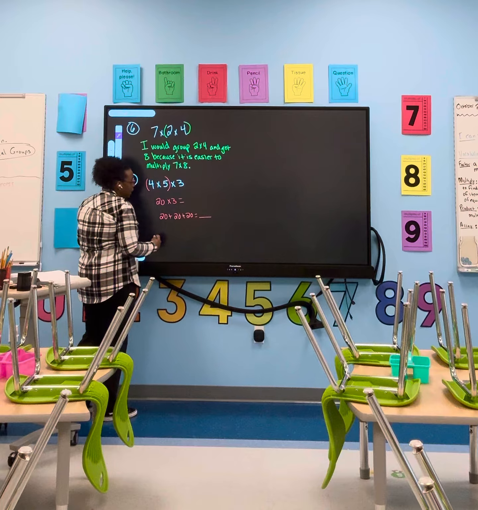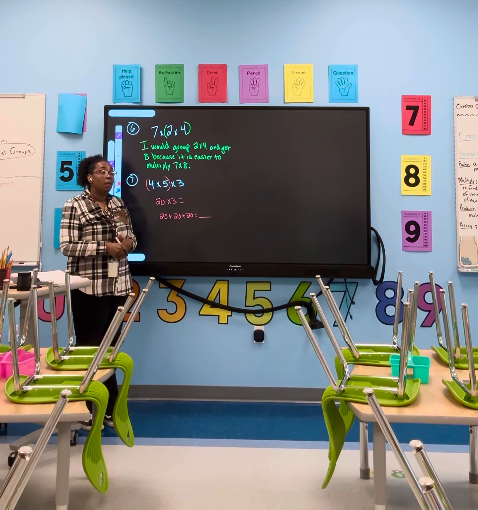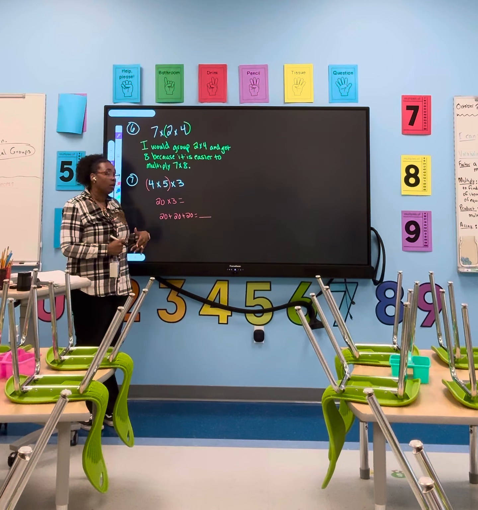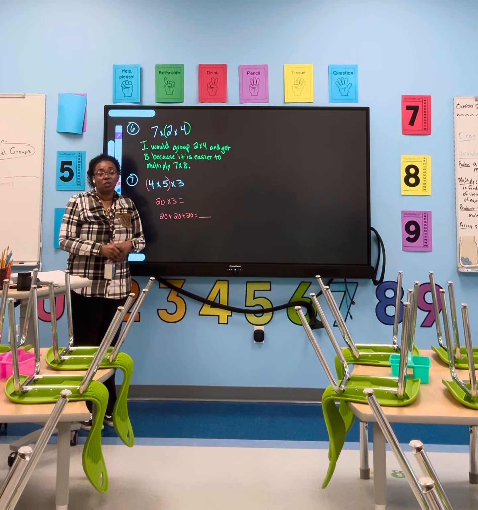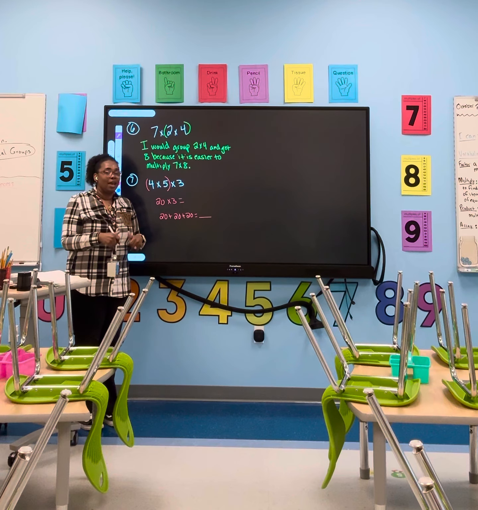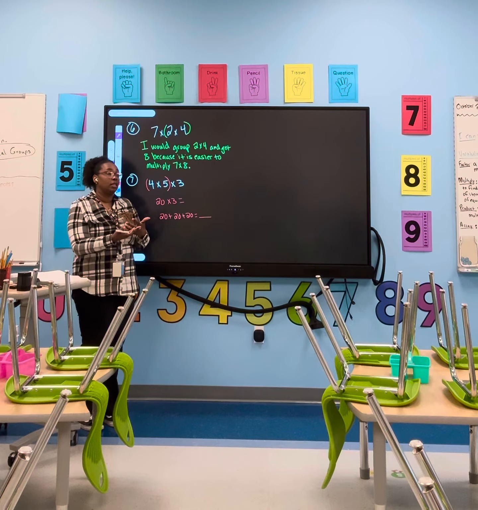Now what some of my kids did, they said, hey, I can count by twos. I can skip count by twos because that's a 2 in front of there. So I was like, oh, I can skip count by 20. My kids are so super smart, and they're always thinking about ways to work around how to get the answer.